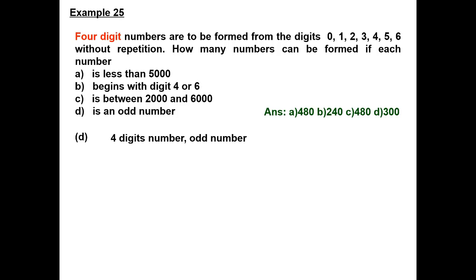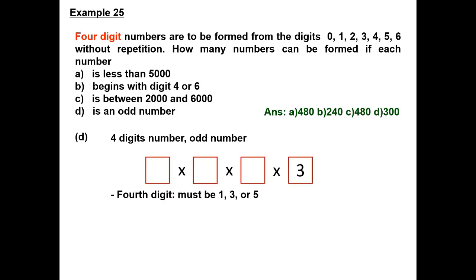Finally, solution for D. We have to build a 4-digit number, which is an odd number, and we cannot repeat the numbers given. In this case, we want to build an odd number. Firstly, we have to consider the last digit.